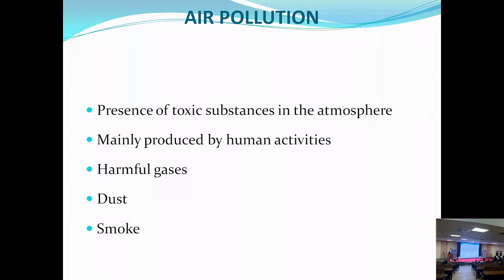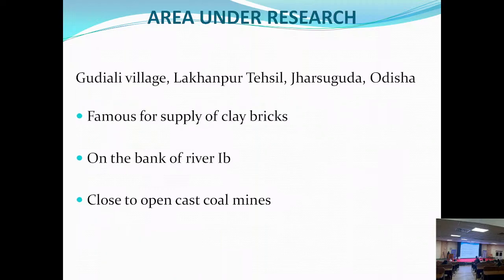So, as everybody knows, air pollution is nothing but the presence of toxic substances in the atmosphere, which are mainly produced by human activities like burning of fossil fuels. Gases like carbon monoxide, sulfur dioxide and nitrogen oxides are released to the environment, and along with that dust and smoke are also released.